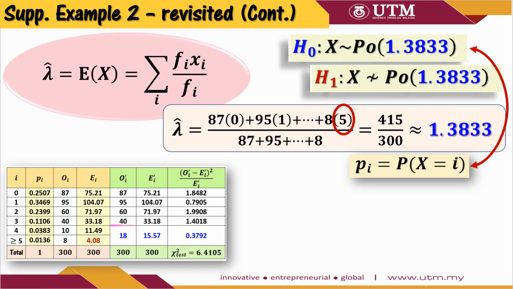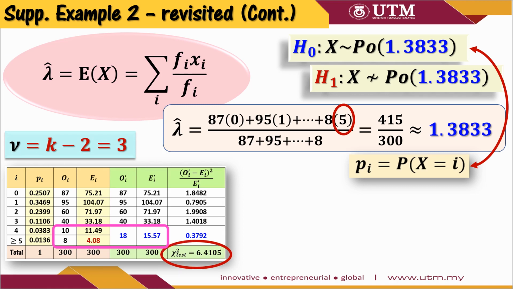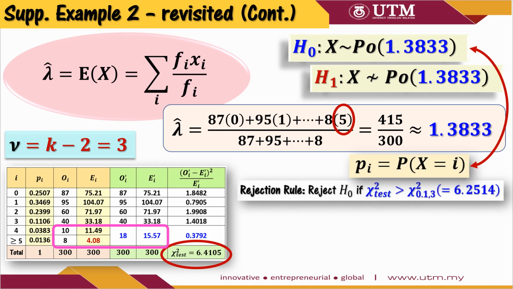So, you need to combine the last two classes so that the degrees of freedom nu is 5 minus 2, which is 3. The chi-squared test statistic value is then around 6.4105. At the 10% level of significance, we will reject the null hypothesis H0 if the chi-squared test statistic is greater than the chi-squared 0.1, 3 given by 6.2514.